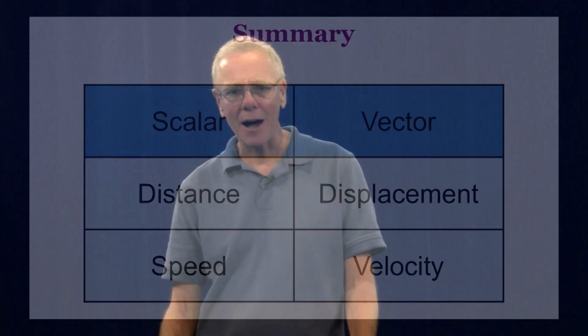Let's just summarize. So what we've learned is that there are scalars and vectors. Scalars are quantities that only have a magnitude, whereas vectors have both a magnitude and a direction. This is a table I'm going to start.